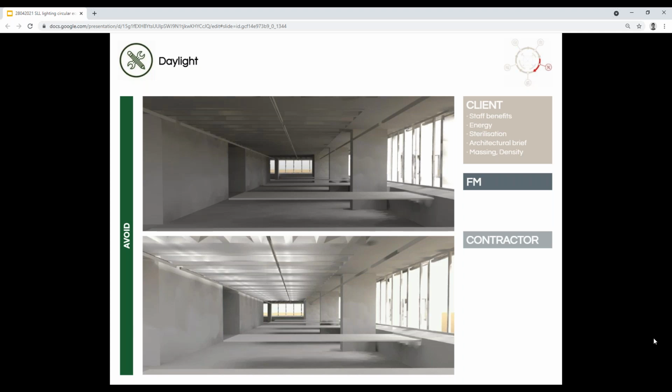The first one is daylight, because this is where I start as a designer, particularly in terms of refurbs as well as new builds. It's our starting point. And part of our circadian design response is to have layers of light, and one of the layers is typically very much in relationship to daylight.